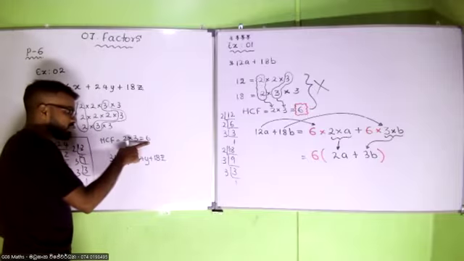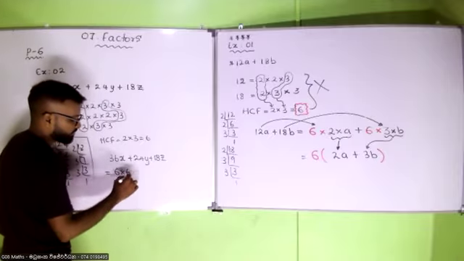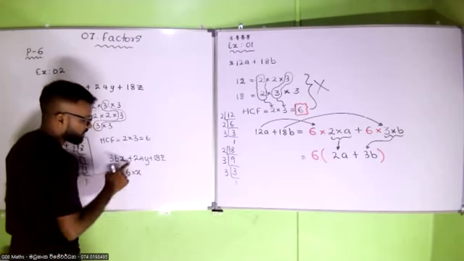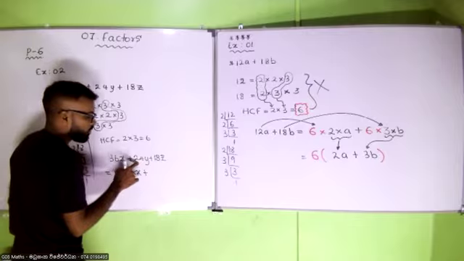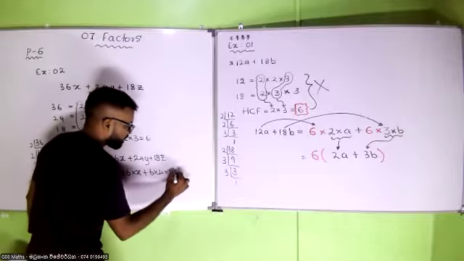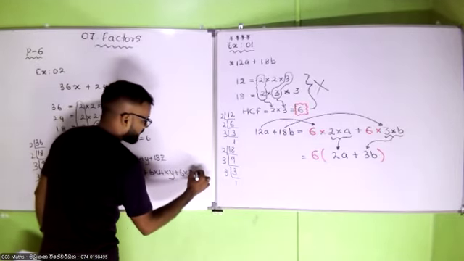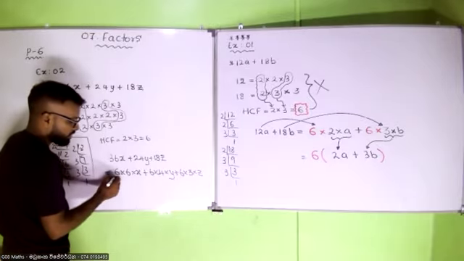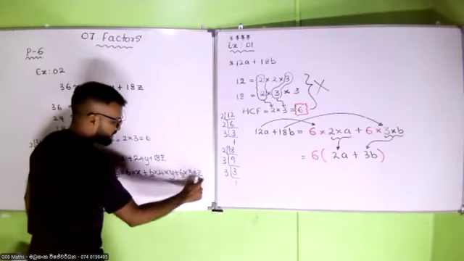Using our common factor 6: 6 multiplied by 6, multiplied by x, plus 6 multiplied by 4 multiplied by y, plus 6 multiplied by 3 multiplied by z. So 6 is common, 6 is common, 6 is common. There is no common algebraic term; the common factor is 6.